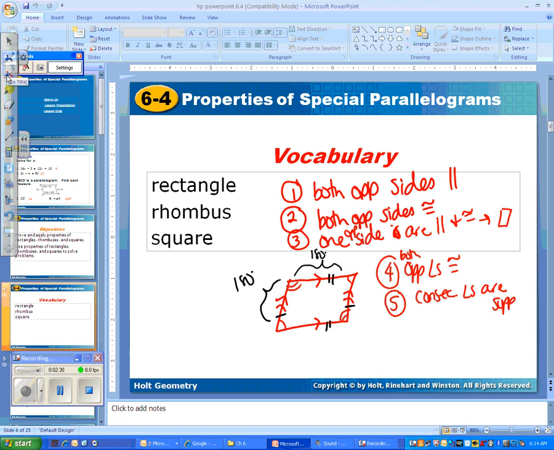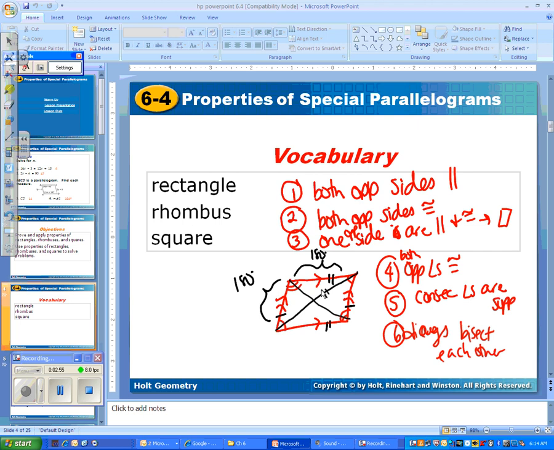And then the 6th thing we talked about for parallelograms, which also relates to the rectangle, rhombus, and square, is that the diagonals bisect each other. So if we look at this diagonal, it's going to be bisected, or hit at the midpoint, by this diagonal.